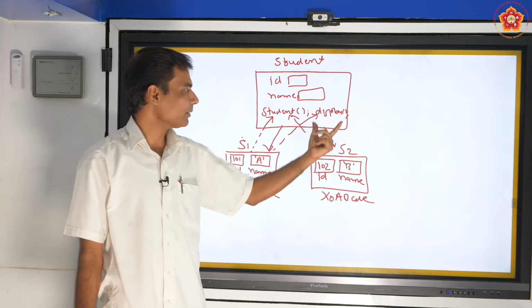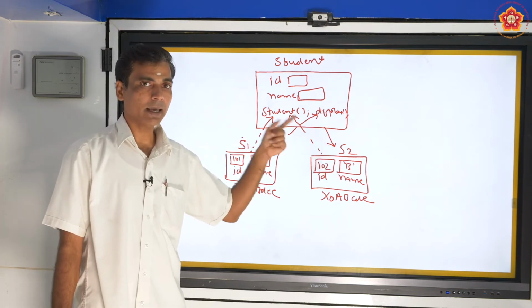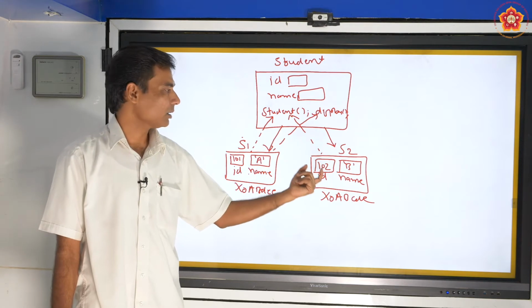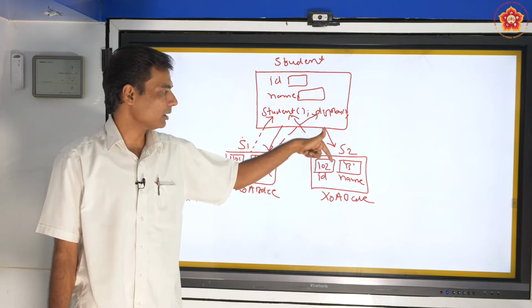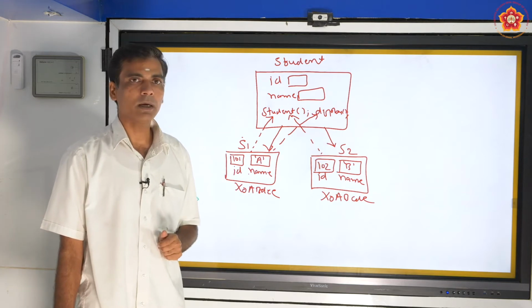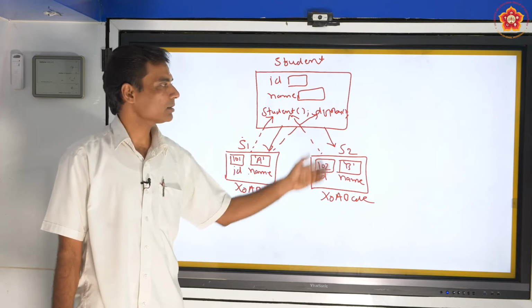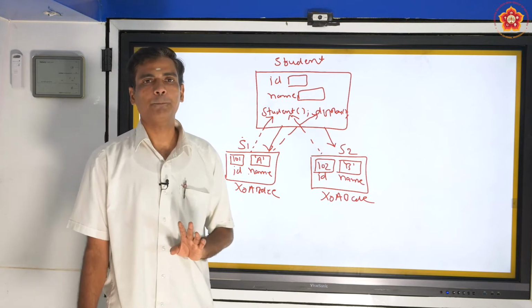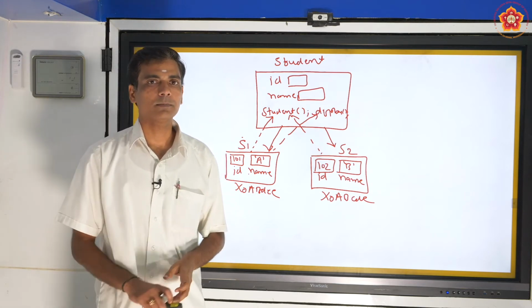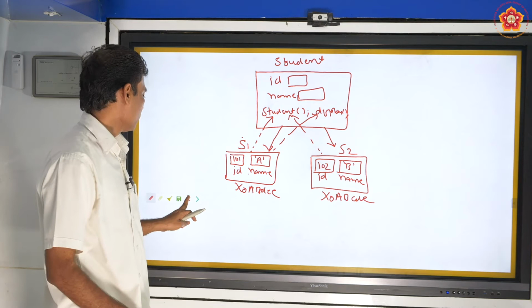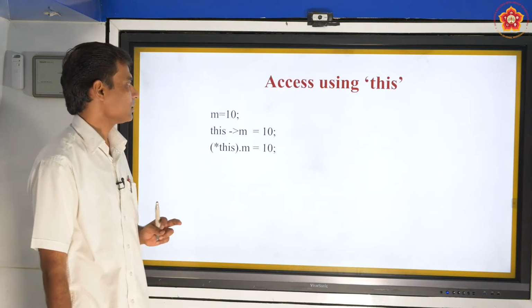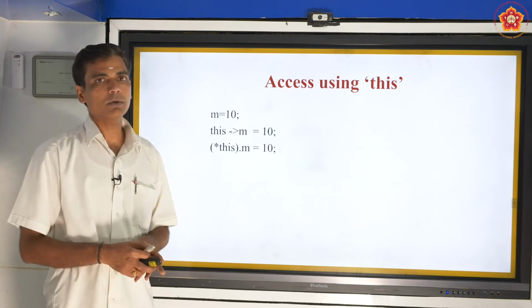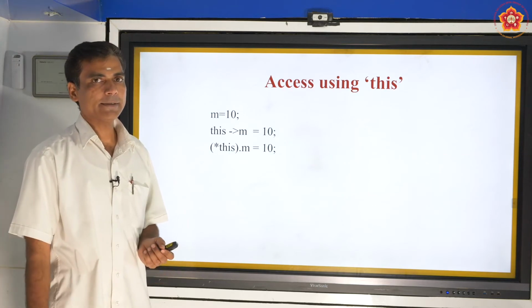And when you call the display function with S2, this pointer receives the address of S2, accesses the memory location of S2's ID and name, and displays the contents of ID and name. Got it?